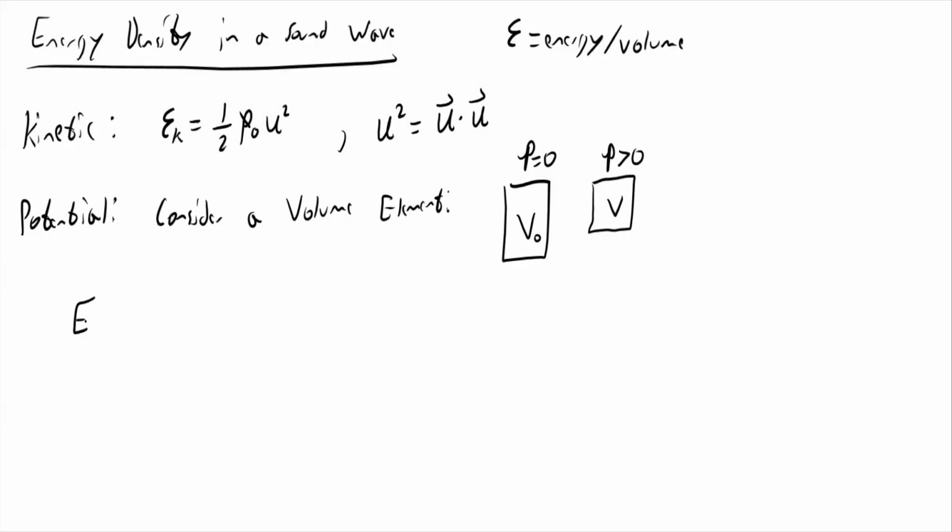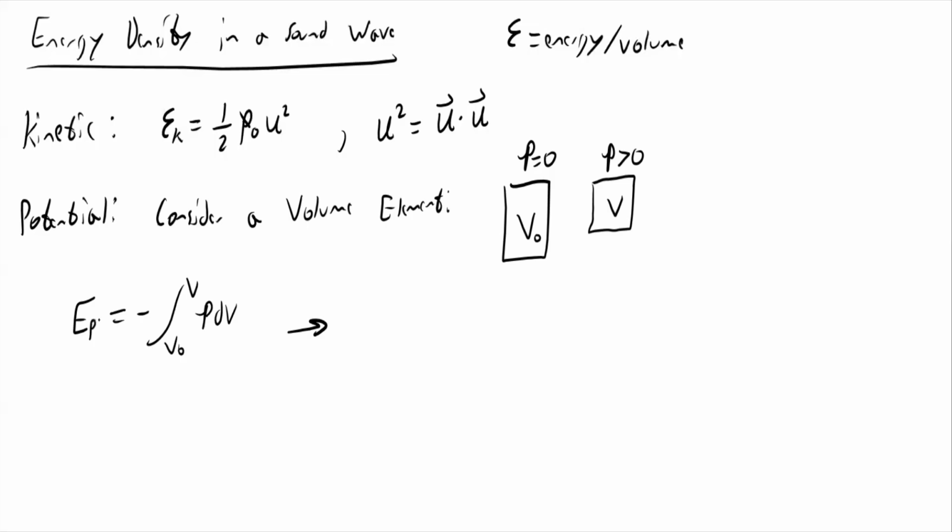Well, if we think about the work being done on the volume element, the potential energy of the element is negative the integral from V naught to V of P dV. So again, this is the work, and the minus sign is because the potential energy increases for dV less than zero.